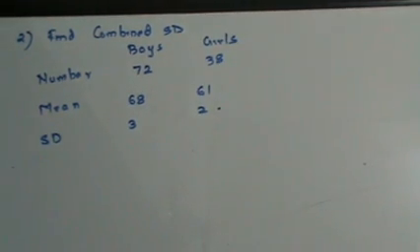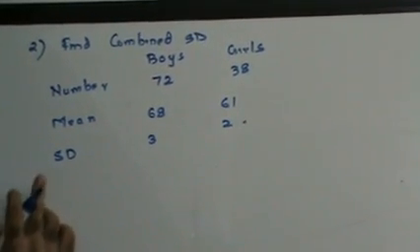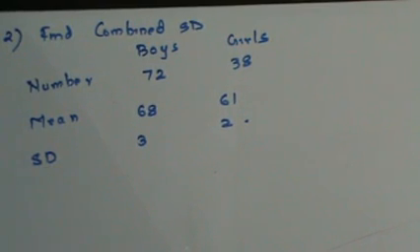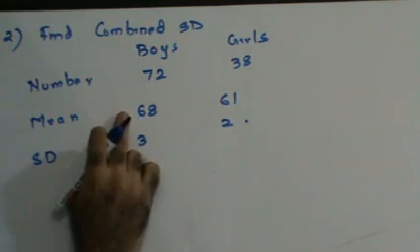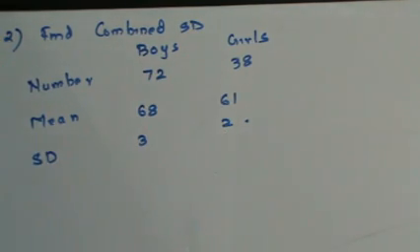Now in this particular sum they could have also asked you to find out coefficient of variation. We know that coefficient of variation is standard deviation upon mean into 100. For example, coefficient of variation for boys will be 3 upon 68 into 100 and for girls it will be 2 upon 61 into 100.